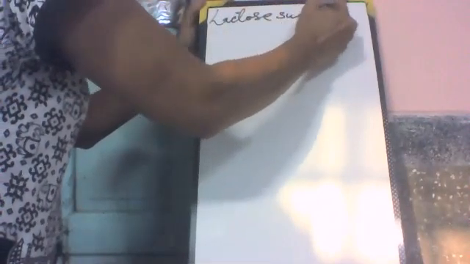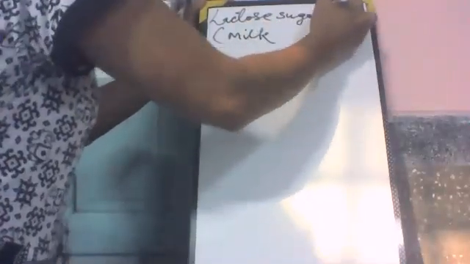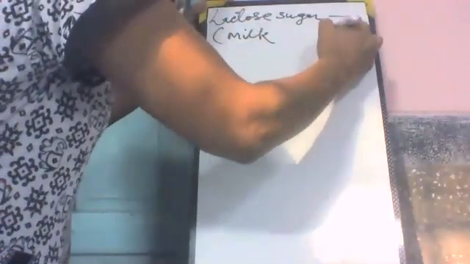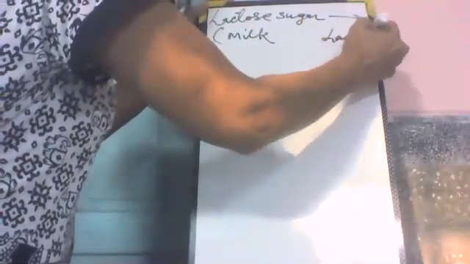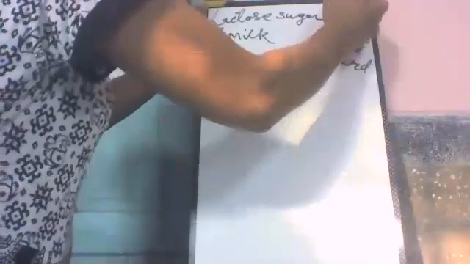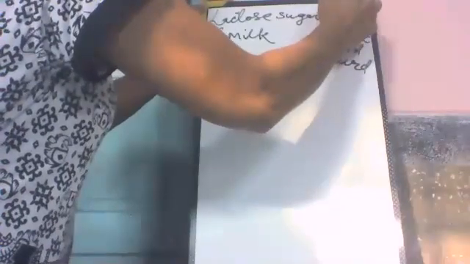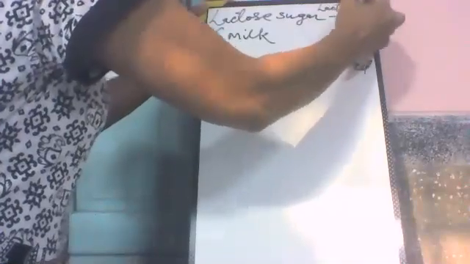Lactose sugar present in the milk is converted by the lactobacillus into lactic acid, which is present in curd, with the help of lactobacillus bacteria.